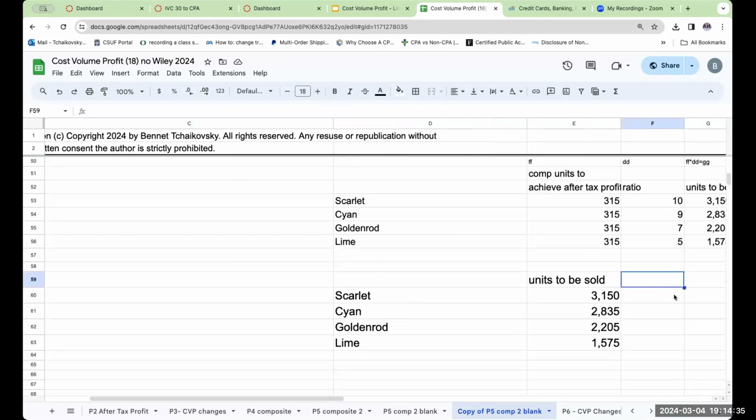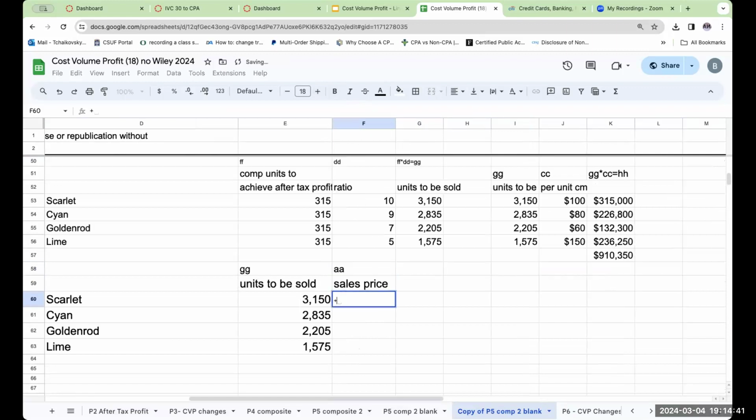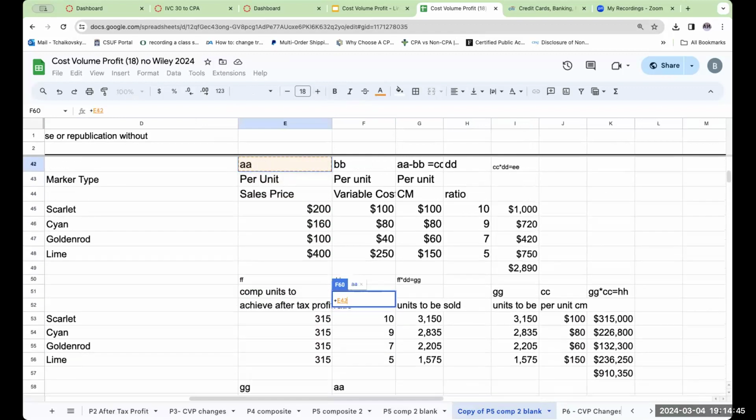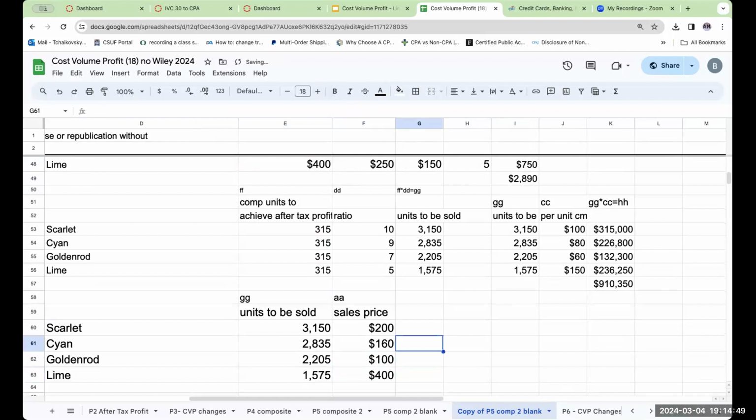So my sales price right over here is going to be 200, 160, 100, and 400. When I take units to be sold times the sales price, this is going to be my total sales.